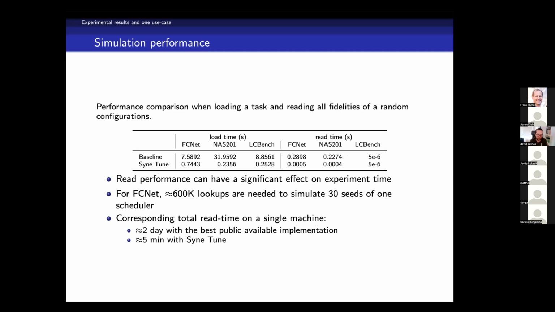But on the other hand, when you run the simulation, you actually do need a lot of queries or lookups. So for instance, if you run FCNet, 1 scheduler for 30 seeds, the experiments were around 600,000 lookups, and that corresponds to like 5 minutes, but if you use the best public implementation, it is 2 days.